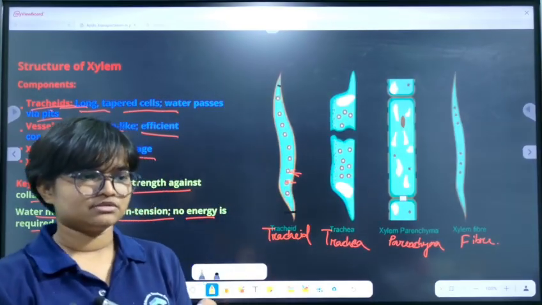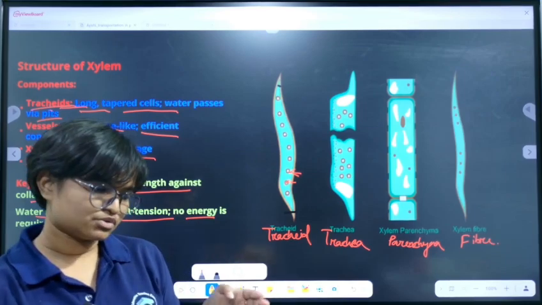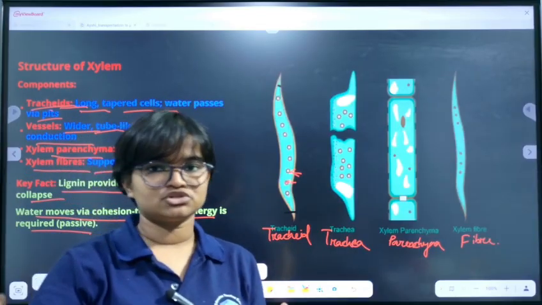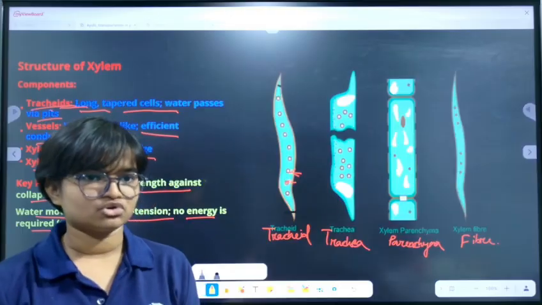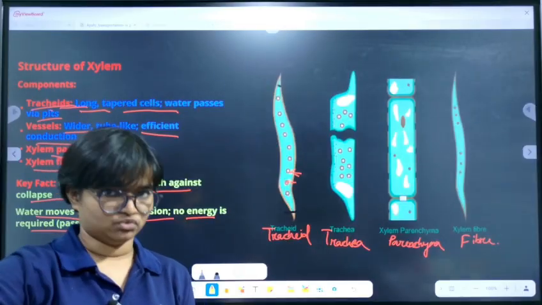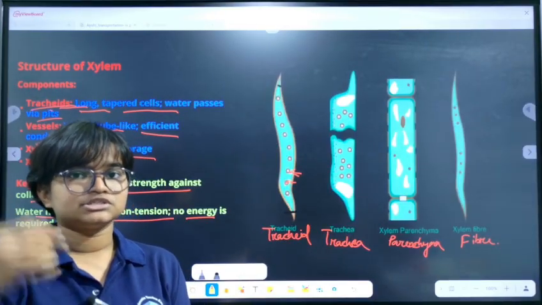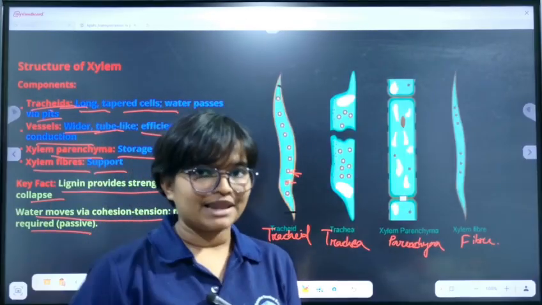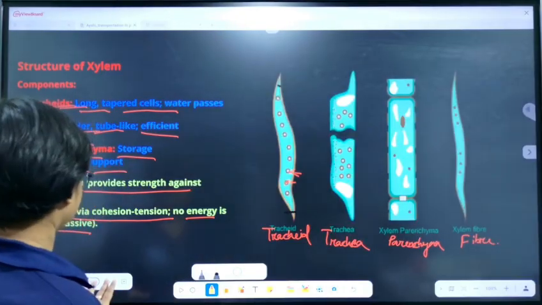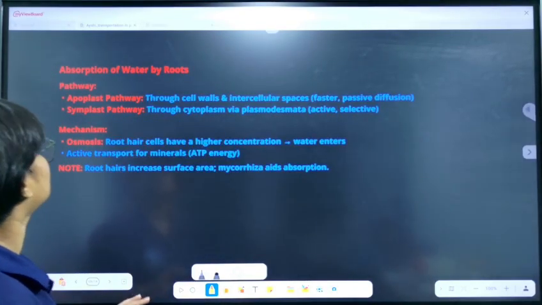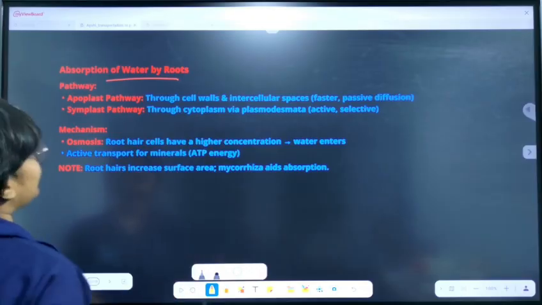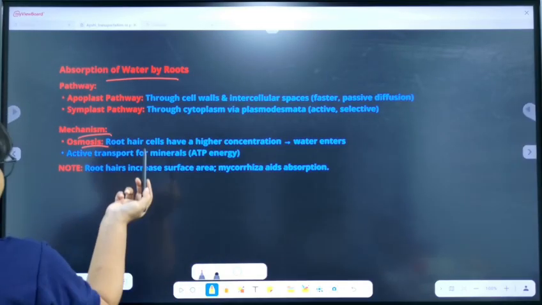As you all know osmosis, since there is a higher concentration of minerals in the roots and lower concentration of minerals in the soil, the water goes from the soil to the root. In this way, the water circulates through the plant, okay, and there are also no ATPs required. The mechanism is osmosis.